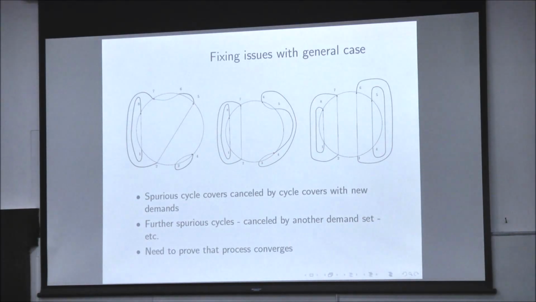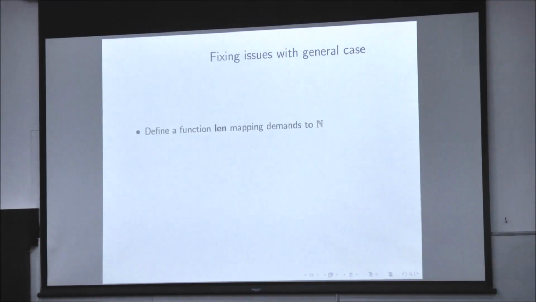And we need to prove that this process converges. Correct? That we do not get back the same cycle covers again when we express the cycle covers here in terms of cycle covers here and so on. And this is not very easy to do, but still.